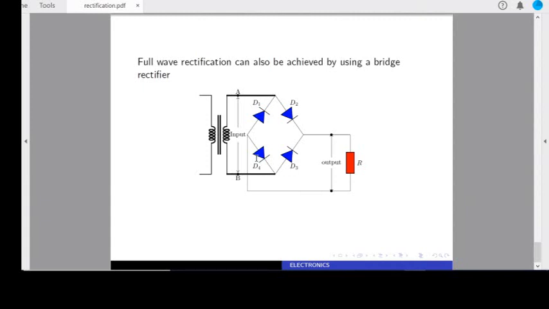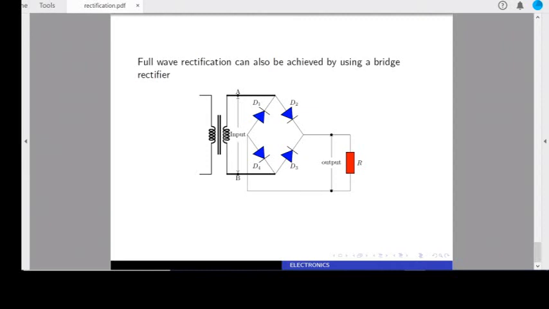For the first half cycle of the AC that is going to be rectified, point A is going to be positive, meaning that current passes up and comes through D2. It passes through the load R, then passes through D4, and goes back to the transformer.